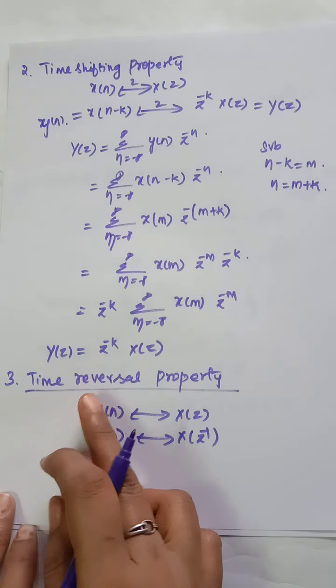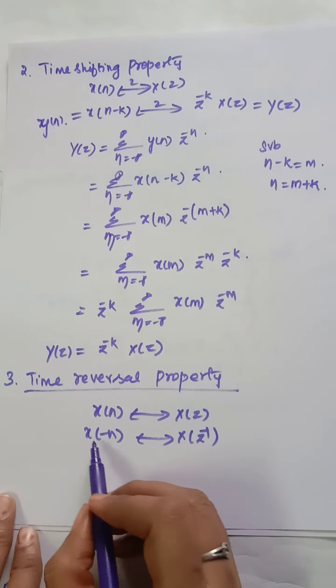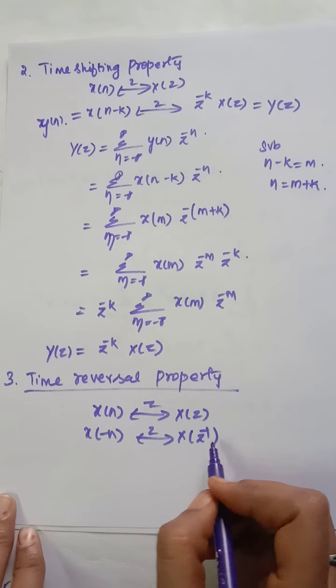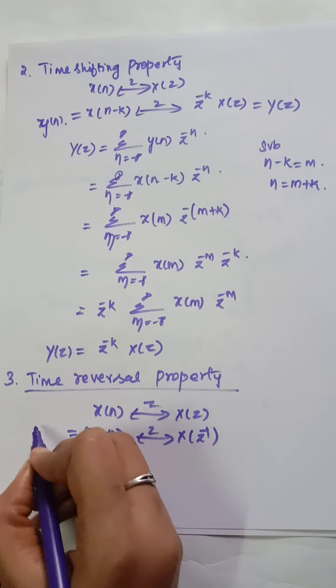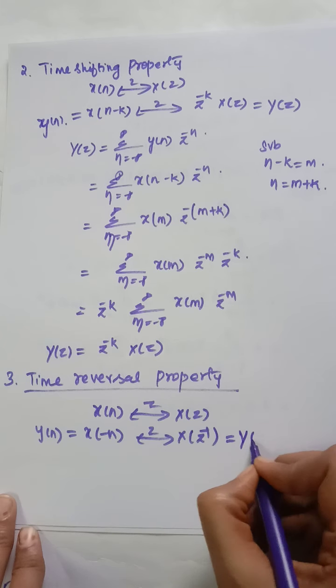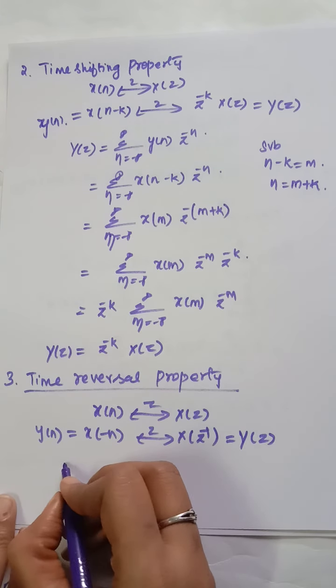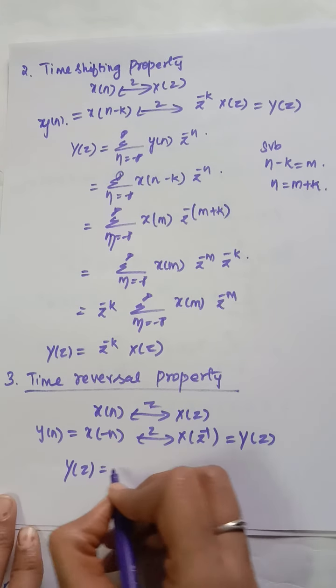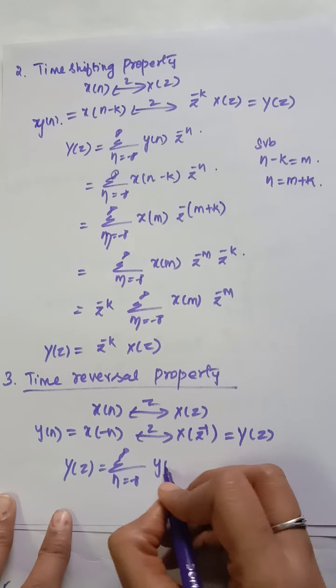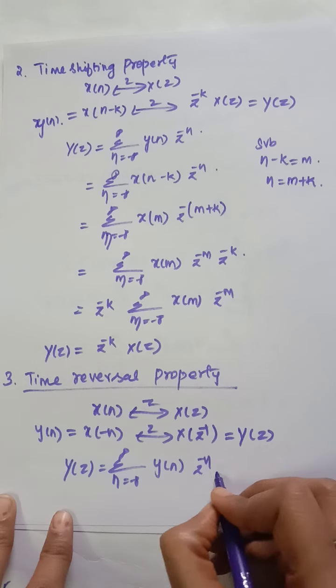Next one is the time reversal property. The Z transform of x of minus n is x of z inverse. The same procedure: here I assign y of n and y of z. Now we need to prove this. Therefore y of z is equal to summation n equal to minus infinity to infinity y of n z power minus n.